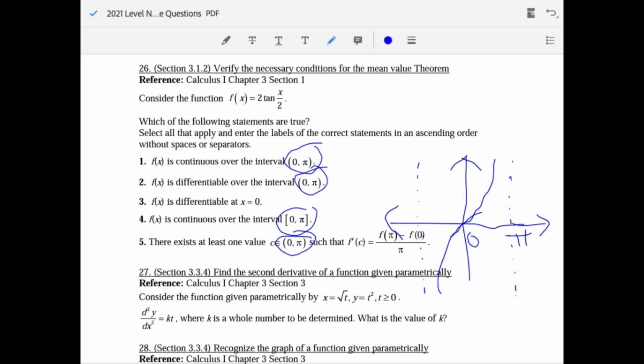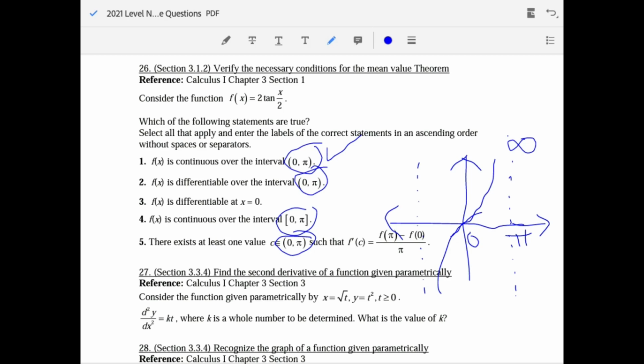But pi is where it gets confusing. At pi, it's actually infinity, and from the left of pi it just keeps approaching infinity, so it's not continuous at pi. For the first one, when they say 0 comma pi, pi is not included, so that's why it's correct.